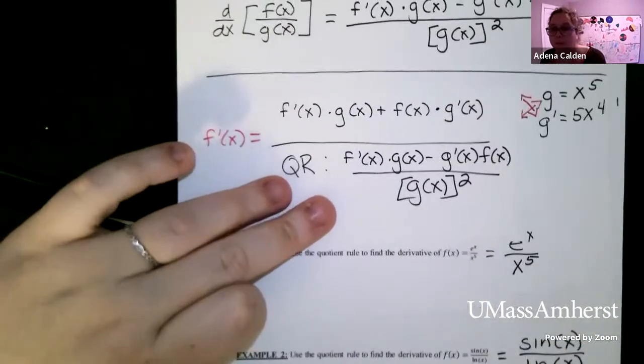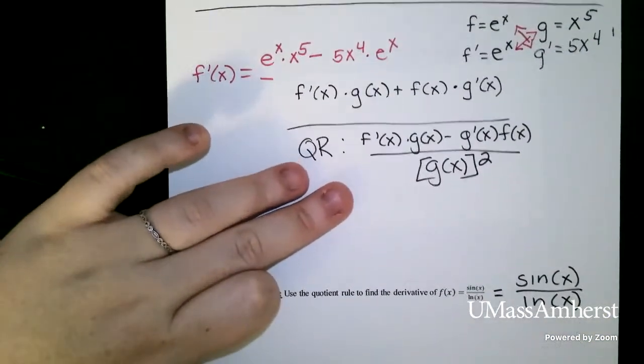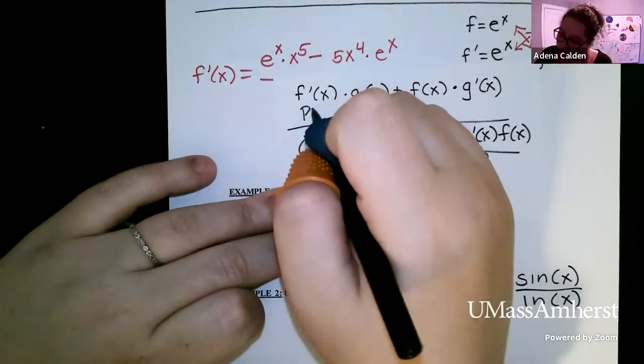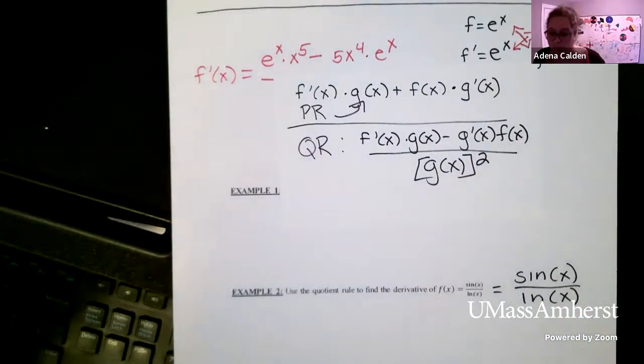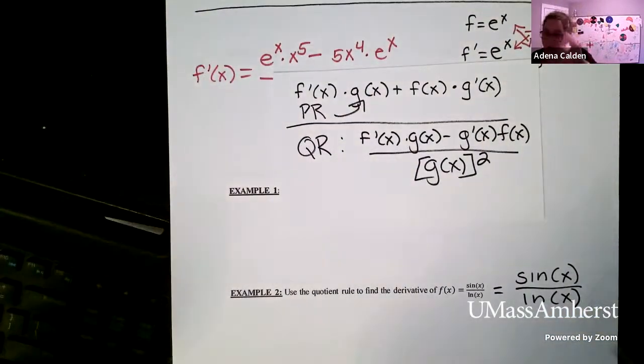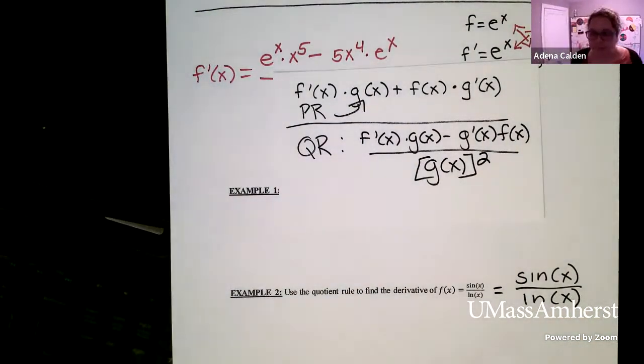Our quotient rule looks like this. The top one, we have the product rule from before, but the quotient rule is down here. So I want you to try this out on this one here. I'm going to give you about 2.5, 3 minutes.